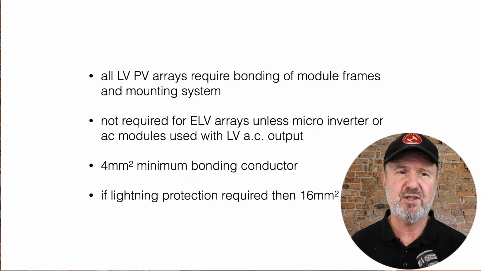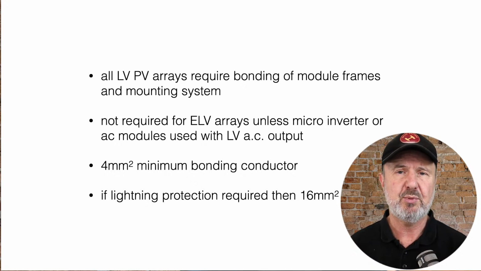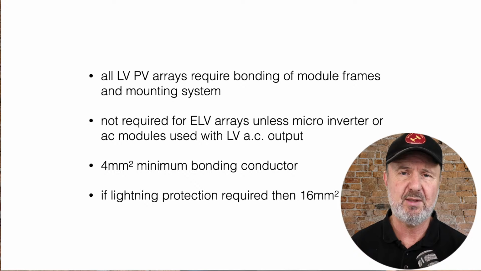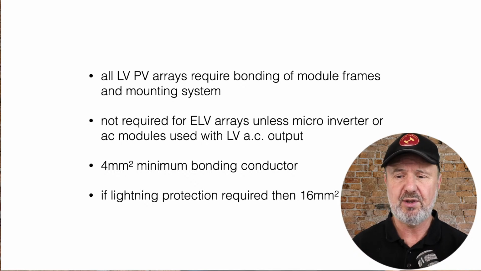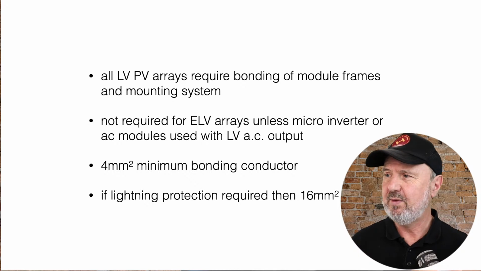The purpose of this is to provide a common path to earth on all of the conductive parts. And the requirement also is that if you remove any one panel, you don't compromise the earthing system. So you can't just daisy chain panels together. You need to actually have effectively either an earth bar using the module mounting system or a continuous earth that each module connects to.